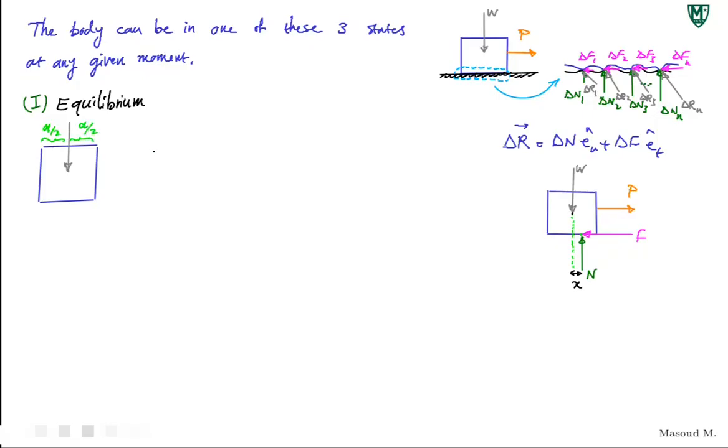I'm assuming the size of one side of the box is A. And let's also say we are applying this force P somewhere that is H above the surface. If this is the surface, let's say this height is H, and this is P. Force P is applied somewhere on this box.